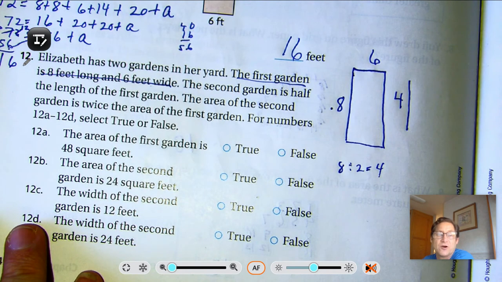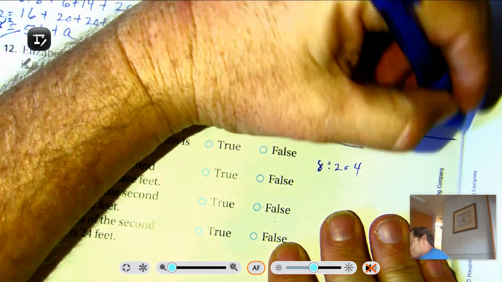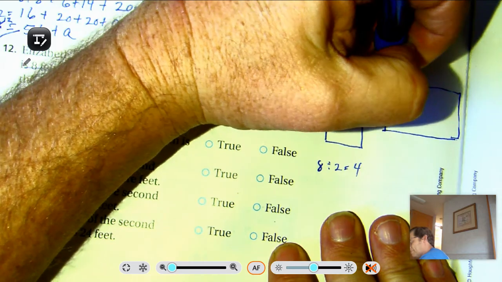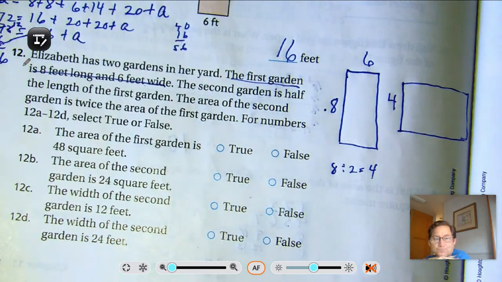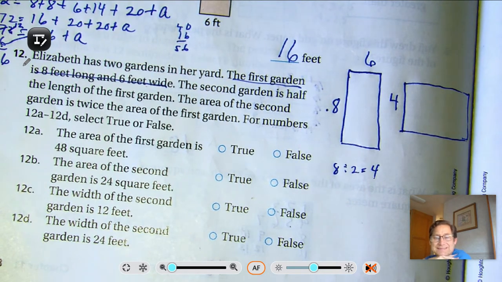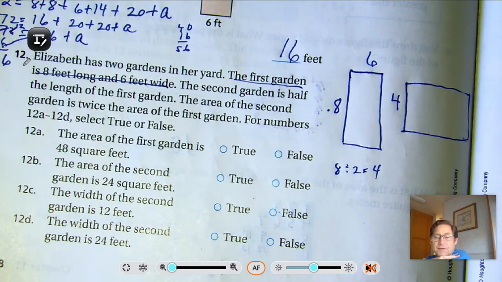The area of the second garden is twice the area of the first garden. Okay, so we filled out what we can at that point.